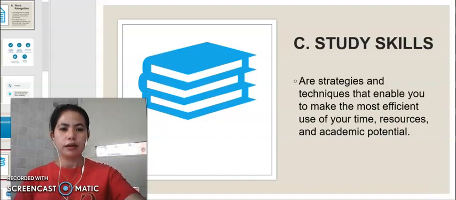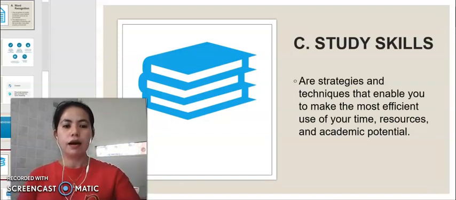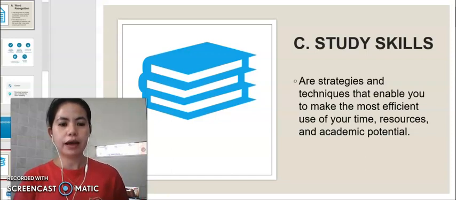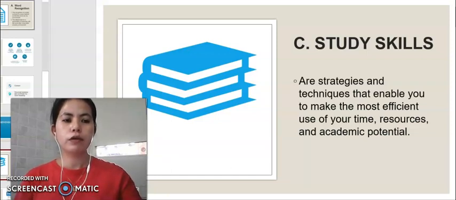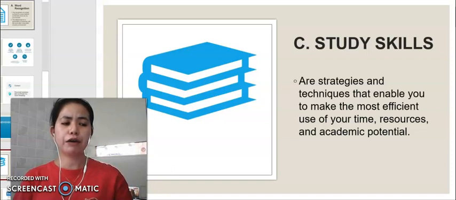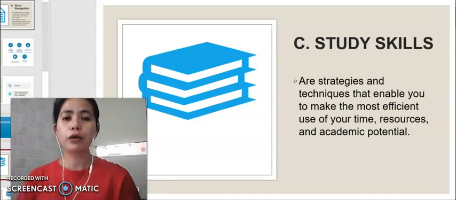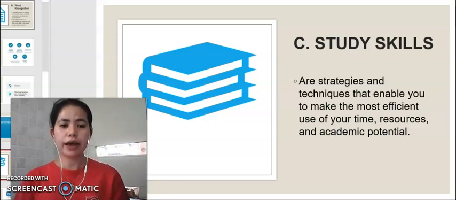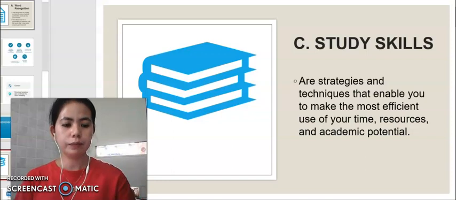Next, study skills are strategies and techniques that enable you to make the most efficient use of your time, resources, and academic potential. These are very important in content reading, okay? Because this is how you learn by using your time, resources, and academic potential.